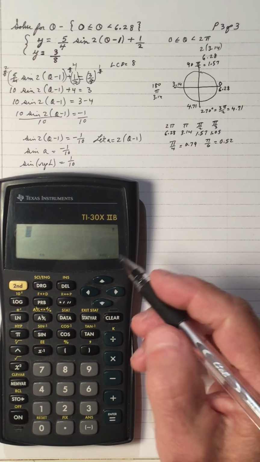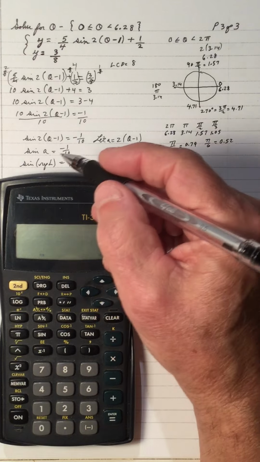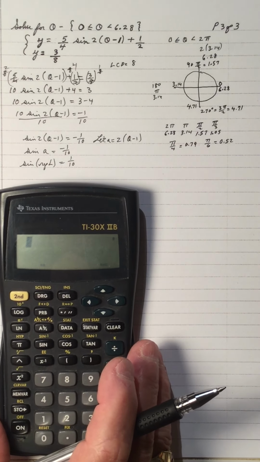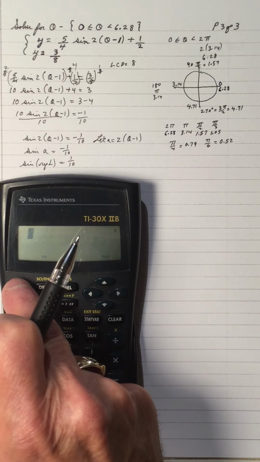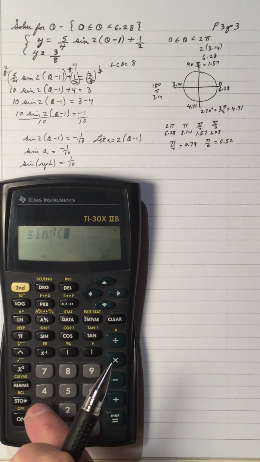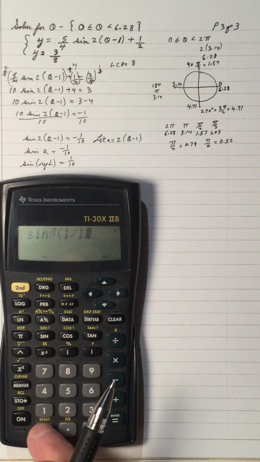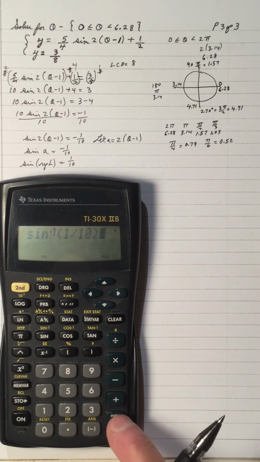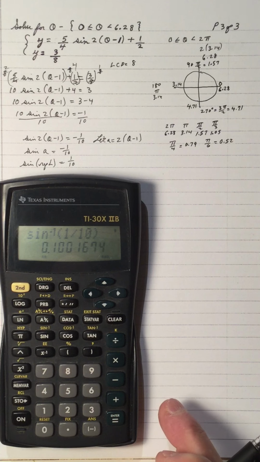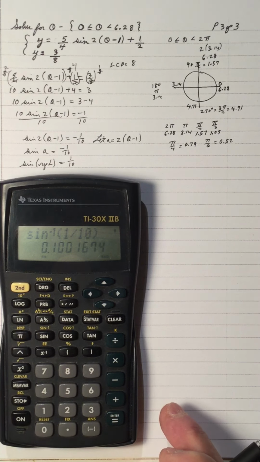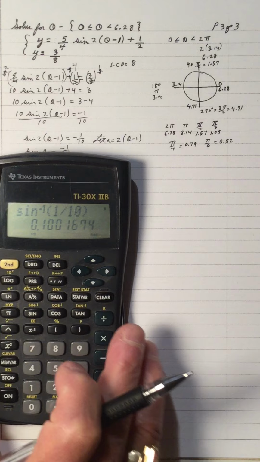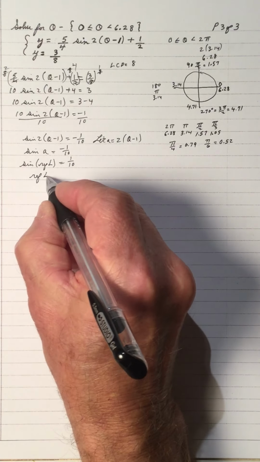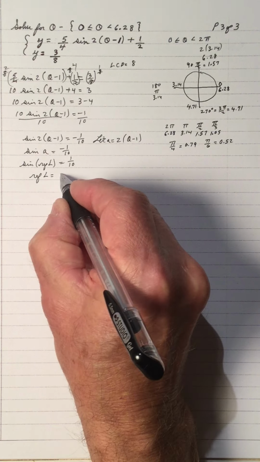Now my calculator is in radian mode. That means I can work this out in terms of a radian. So it's inverse sine of 1 divided by 10, or 0.1, and that gives me 0.1 as a radian. So the reference angle is in terms of a radian.